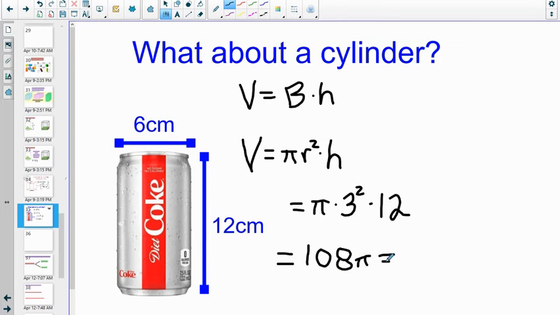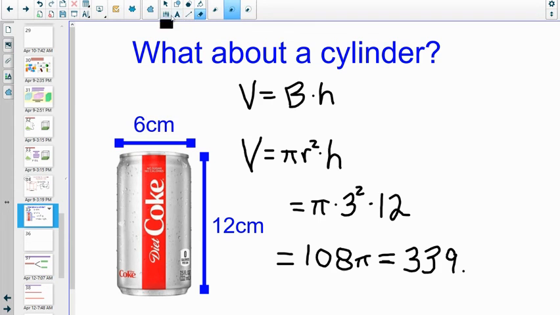If I want the approximation, I'll plug that into my calculator, 108 times pi, and that gives me about 339.29, or maybe I should just round that to 339.3.